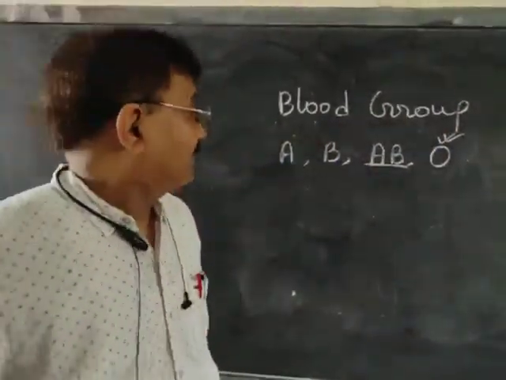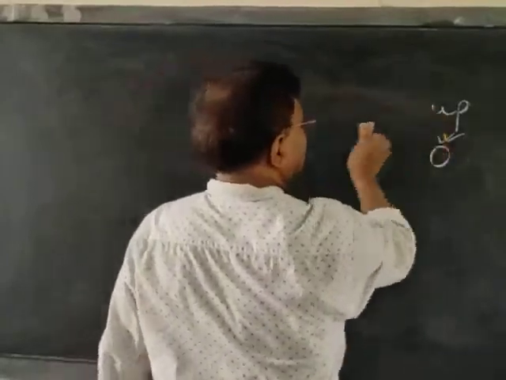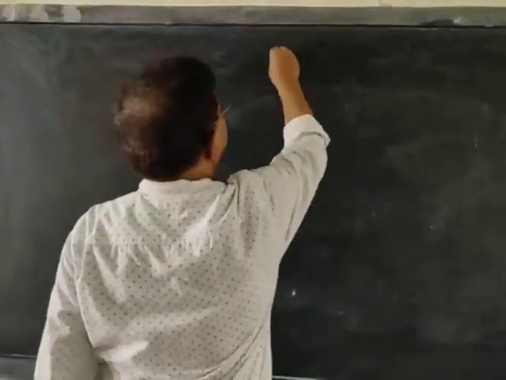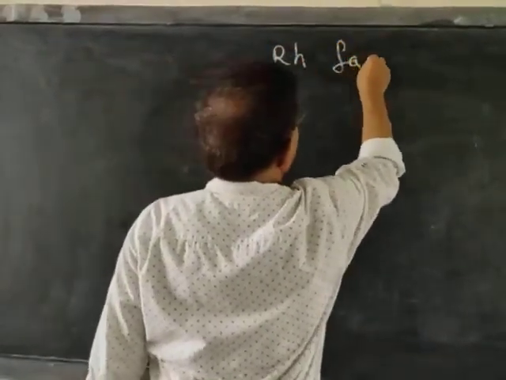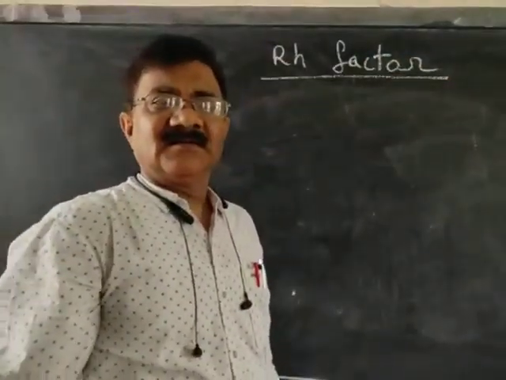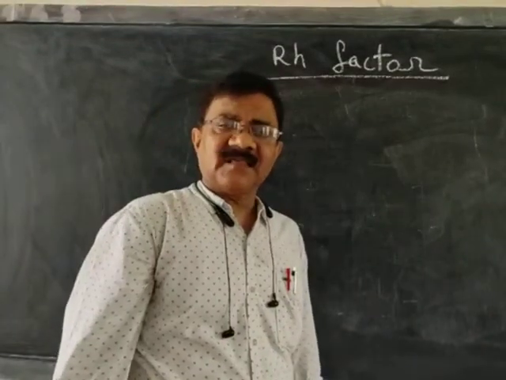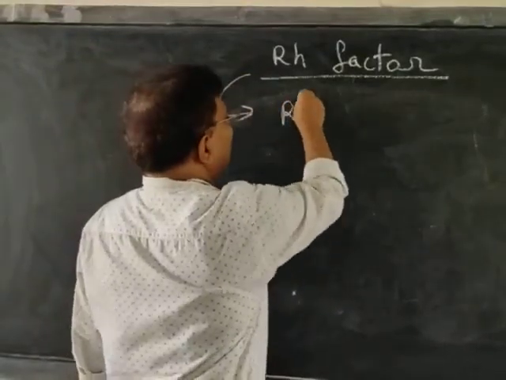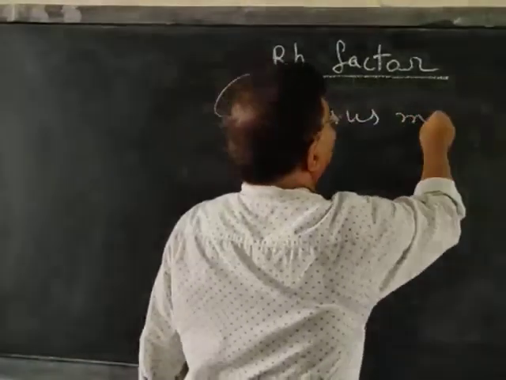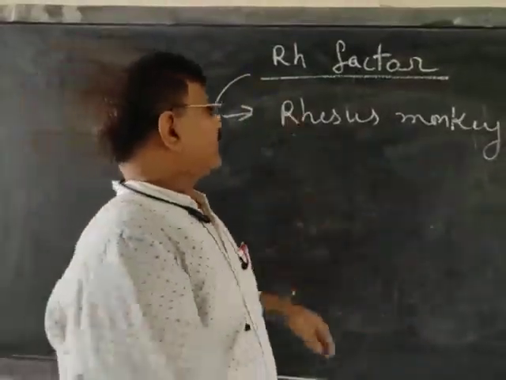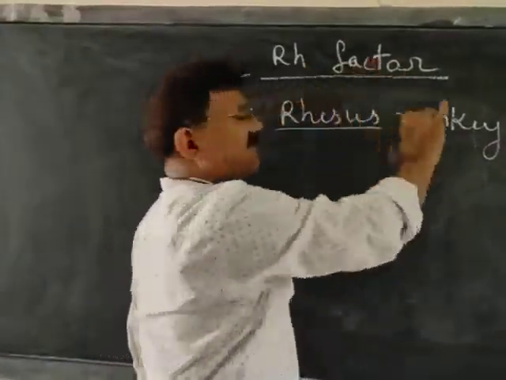One more thing I have to say is about the RH factor. So, what is the RH factor? It was first seen in a monkey, the rhesus monkey, in which this factor was present. So, short for rhesus, RH was written.